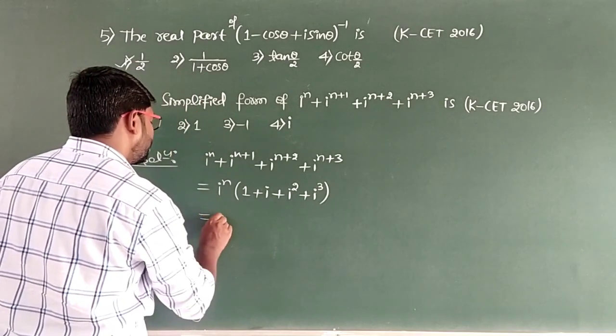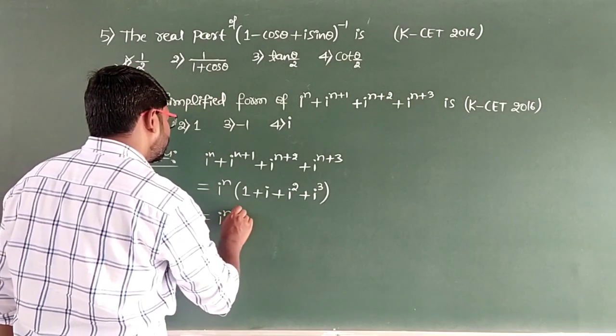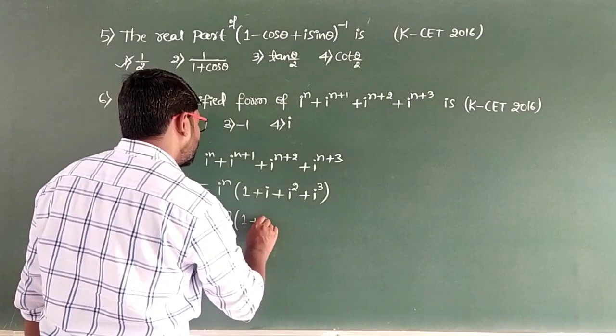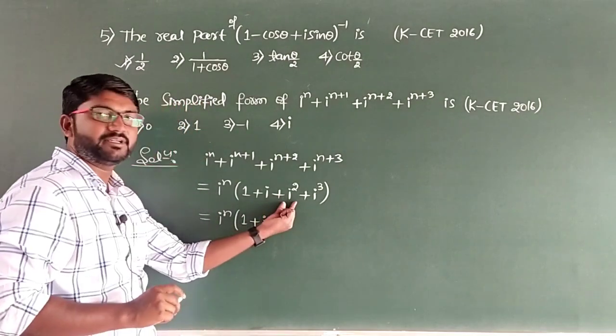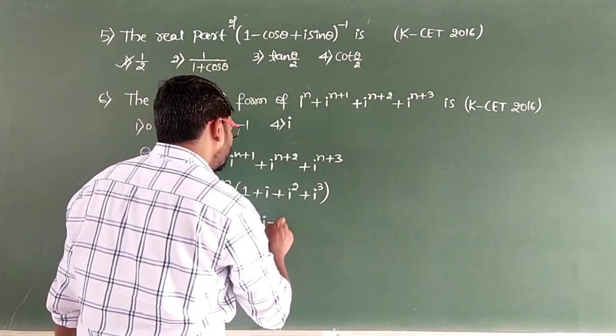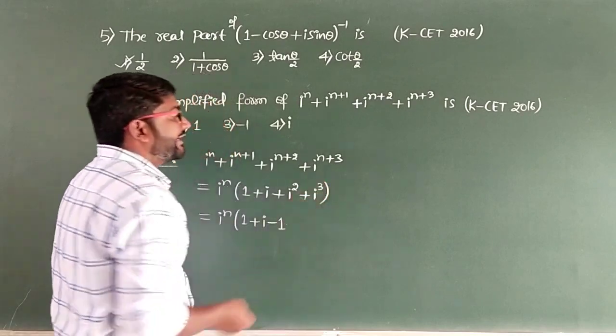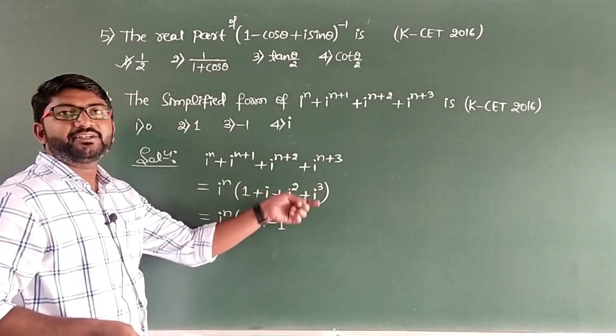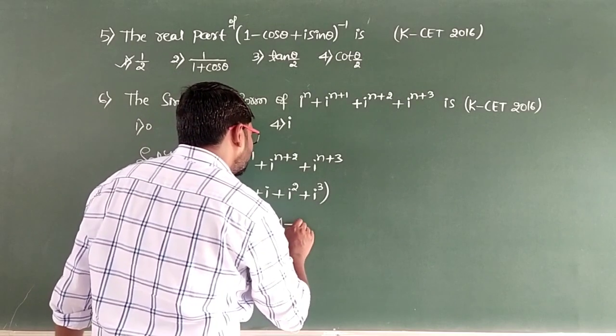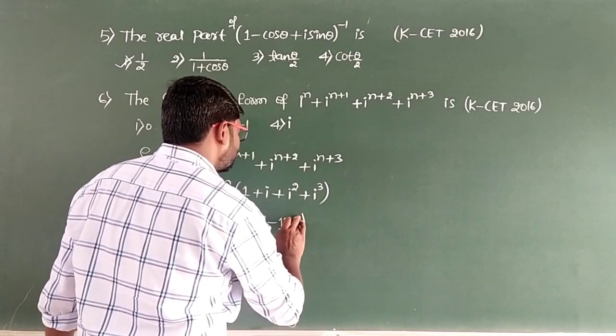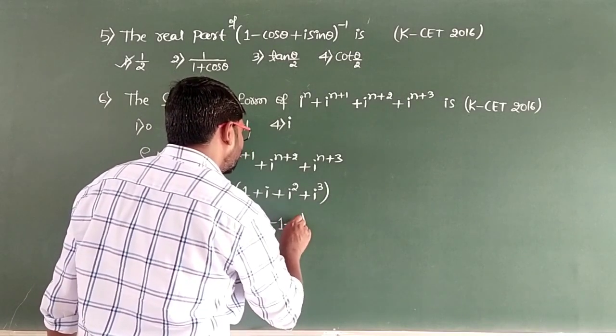Then in the next step, i to the power n, write it as it is, then 1 plus i as it is, then i square value will be minus 1, then i cube value, i cube means it is i square into i, overall we get minus i. So now we get minus i here.